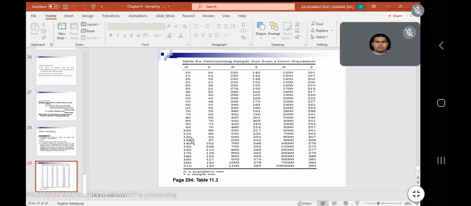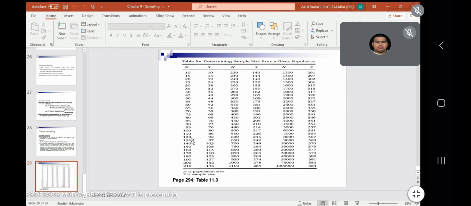It is okay if you have a small number of population. If you want to use this table, or you want to use it in a district or in a state, yeah. In a country, more than 100,000, you have to choose 384. It's quite big at your level.